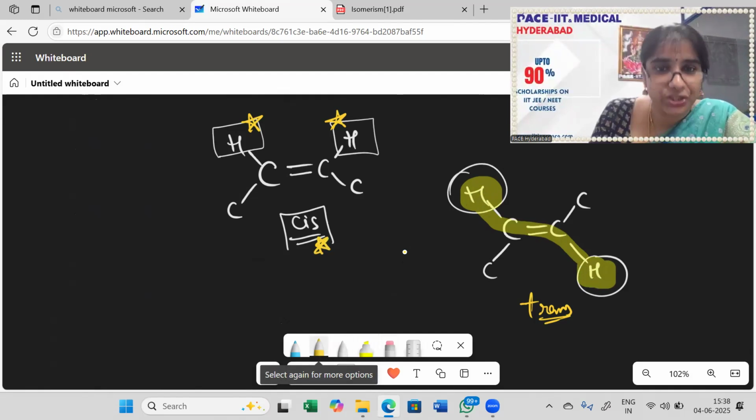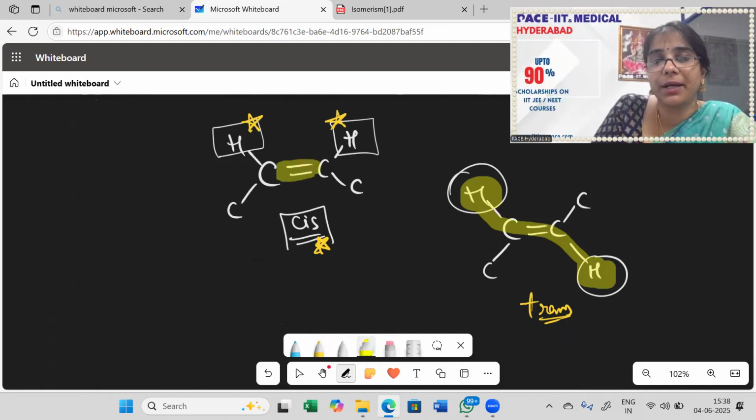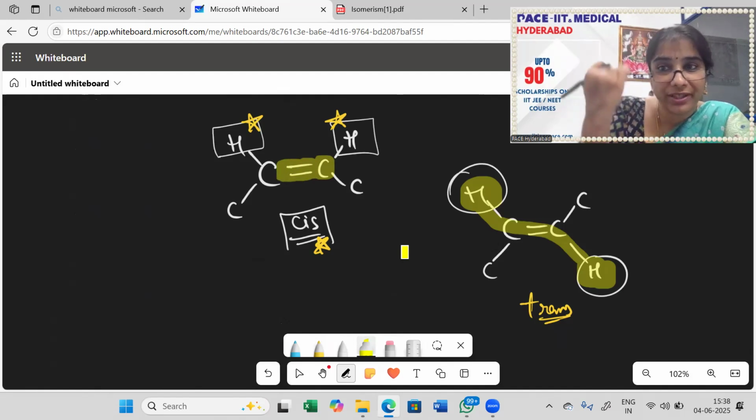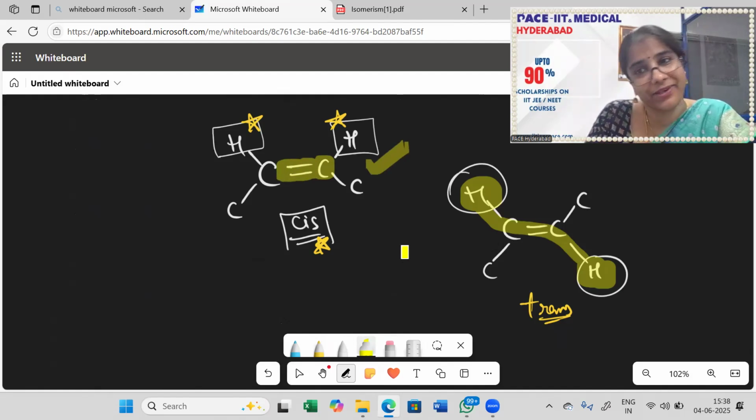So what would be the condition? The condition is wherever your restricted site is. This carbon double bond carbon is my restricted site, right? On the restricted site, if you have two different groups, then you can have isomerism.